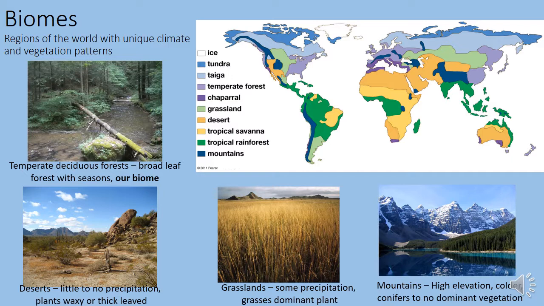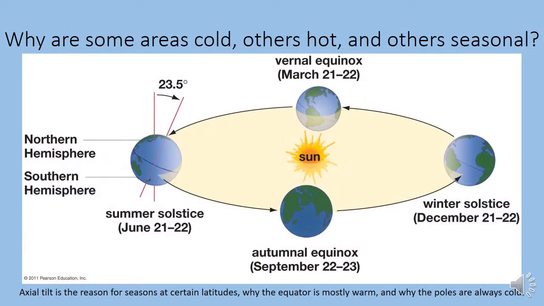It's too cold and too dry. There you have the snowy mountain peaks, and no plants grow up there at all. Like these snow-capped mountains, think of Mount Everest, there are no plants on top of Mount Everest, for instance, if you go high enough.